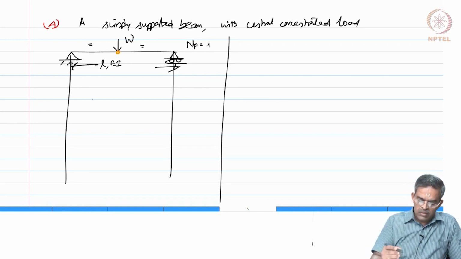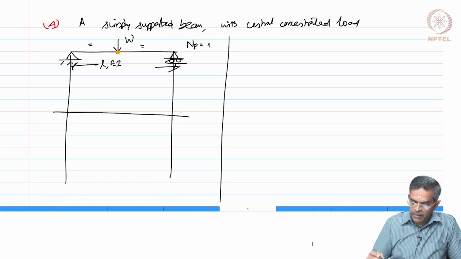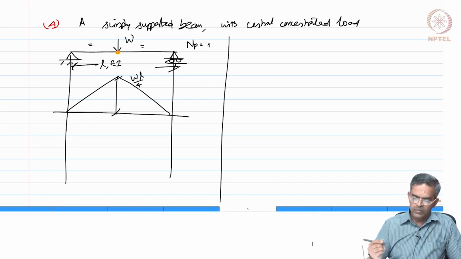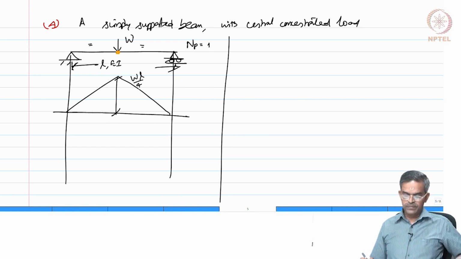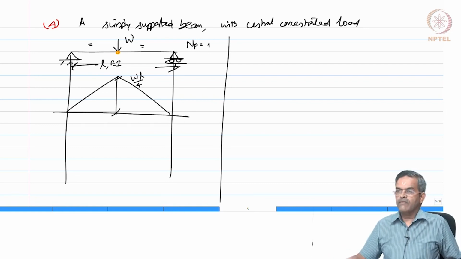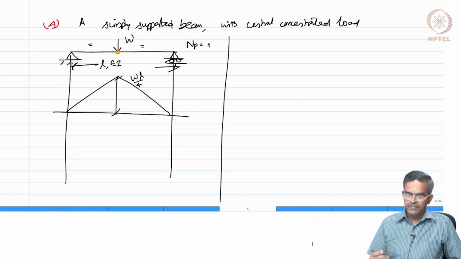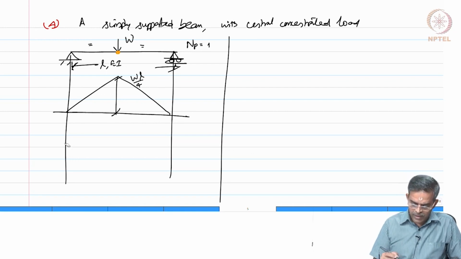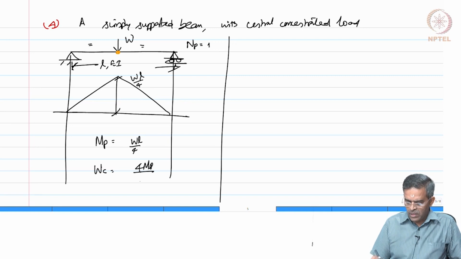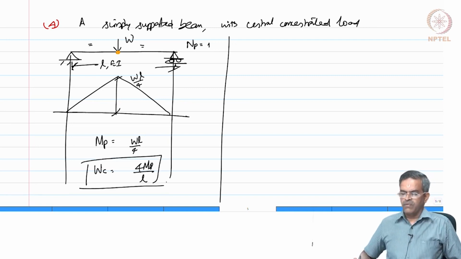Let us draw the statically admissible bending moment diagram, which will be this, and this value is W L by 4. Okay. So, let us quickly find out what will be my MP. MP will be W L by 4, therefore, WC will be 4 MP by L, which is straightforward.